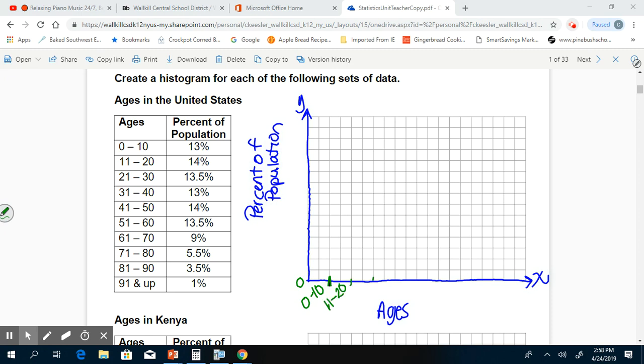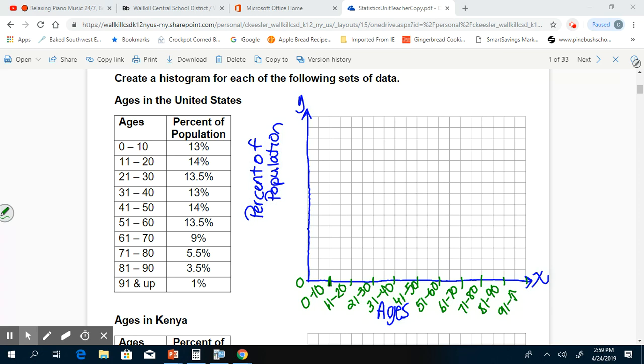The next two boxes, 21 to 30, and so on. Okay, so we have all of our categories set up.